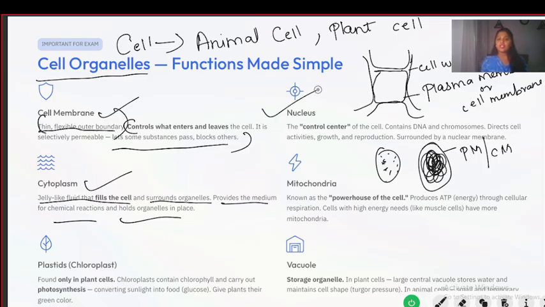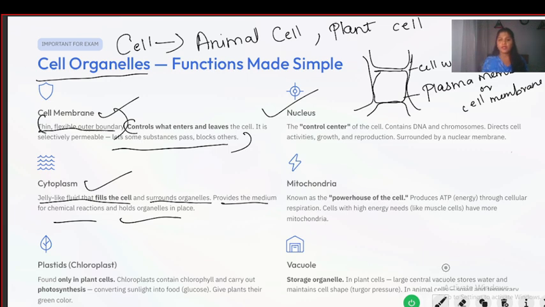Another major cell organelle is the nucleus. There is another name for this nucleus. You can pause and remember what the other name for the nucleus is, and comment it down. It is a very important first point whenever you remember the nucleus. The nucleus is also called the brain of the cell.